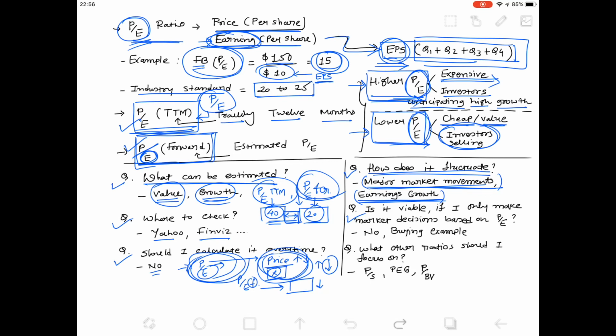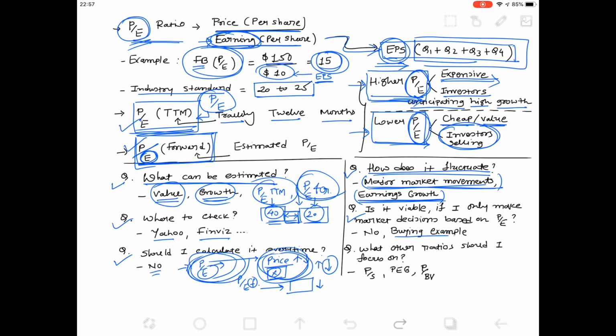You always have to understand the impact of the PE. At the same time, you have to understand what the value is, what the growth is, why you are buying the stock, whether you are going to hold the stock, and what direction you're going to follow. So you have to understand the other aspects of the purchase when you consider PE ratio as well.